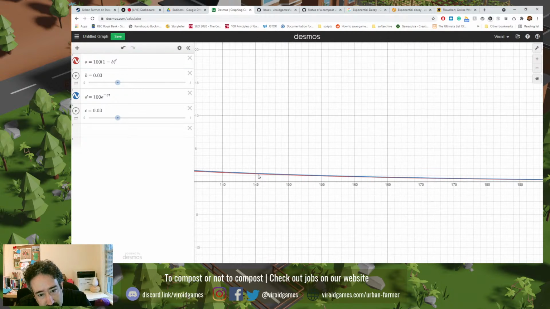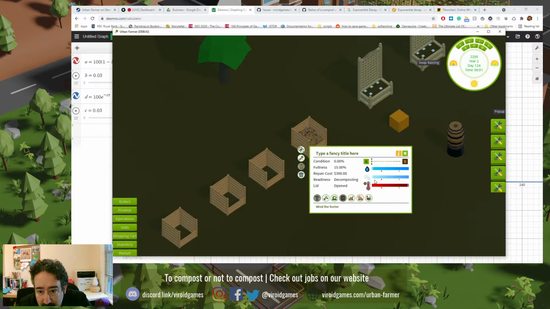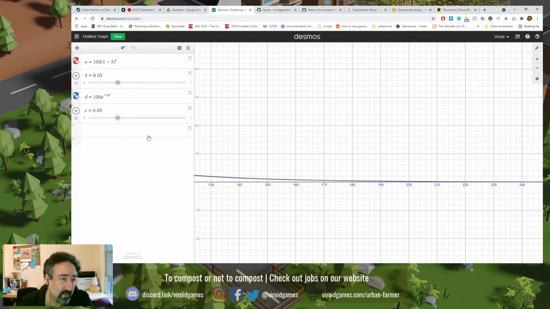That's still too low, but it's visible. And when you get here, you are very near the 0 point. So I think this equation checks out for oxygen.